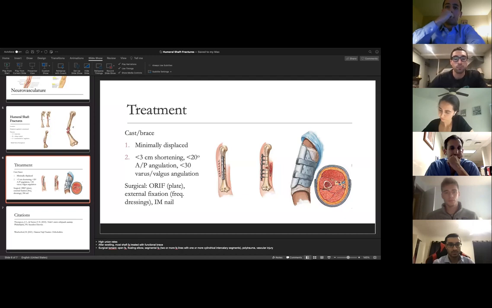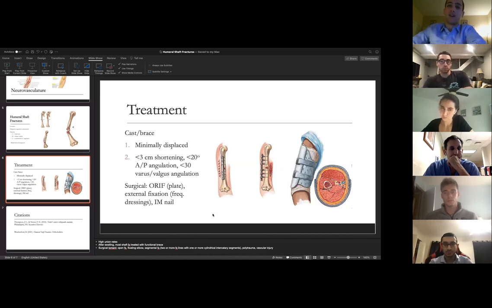So, okay. You brought up these guidelines for treatment, which are exactly correct, and those are the guidelines that people go off of. I think it's important to realize that even though the human mind wants to have classification systems that decide how to treat something one way or the other, it's not always based on very hard science.